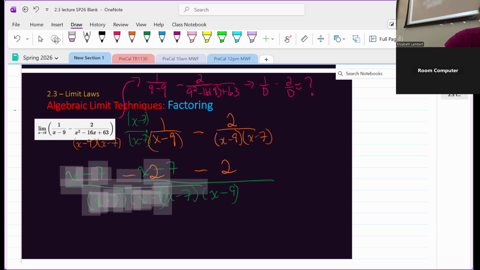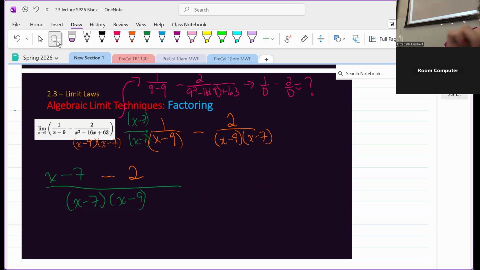So on top, x minus 7 minus 2, we can just subtract the numbers. That becomes x minus 9 on top.